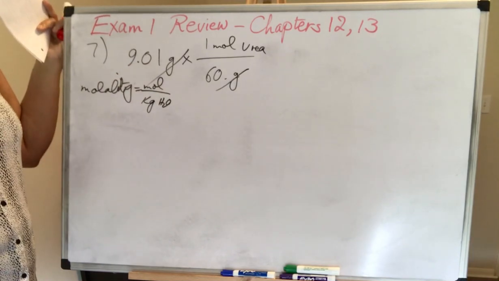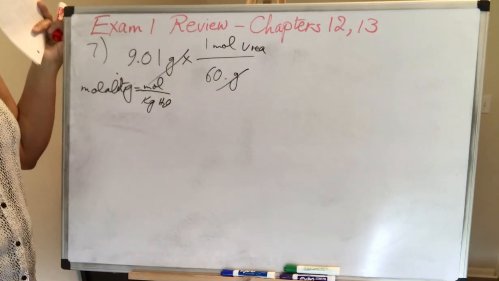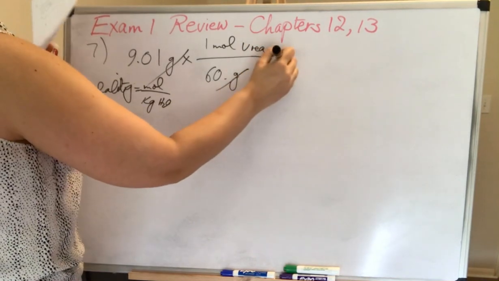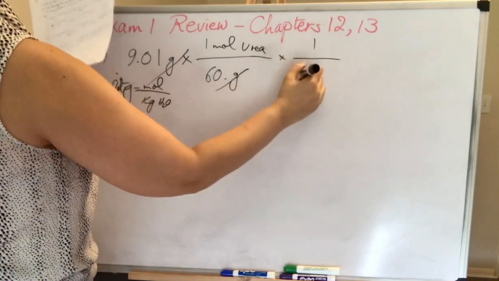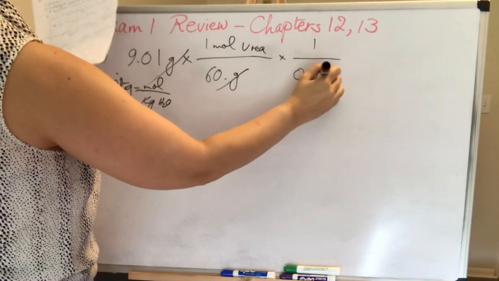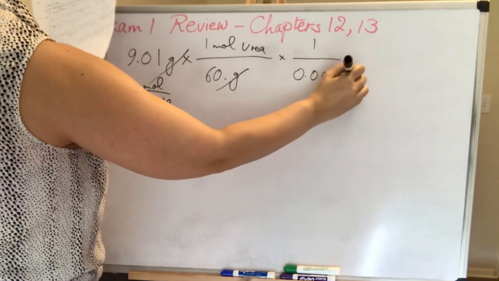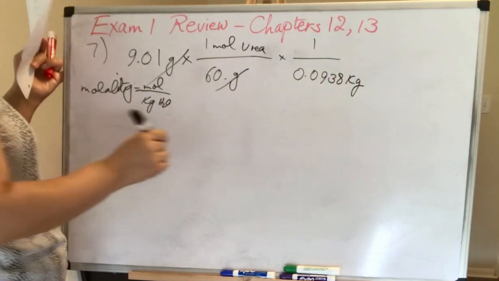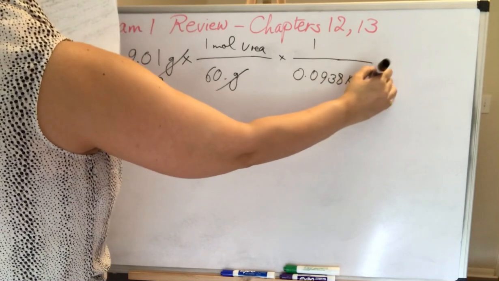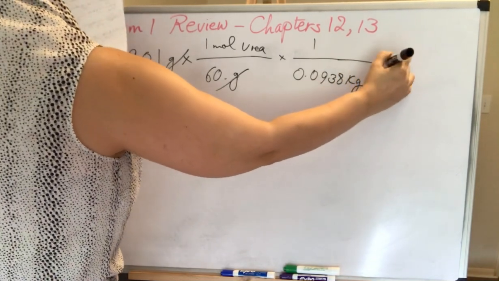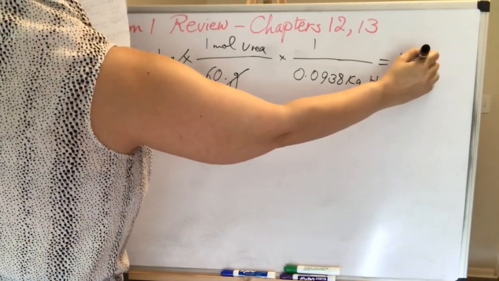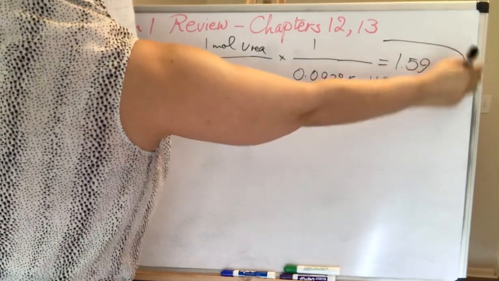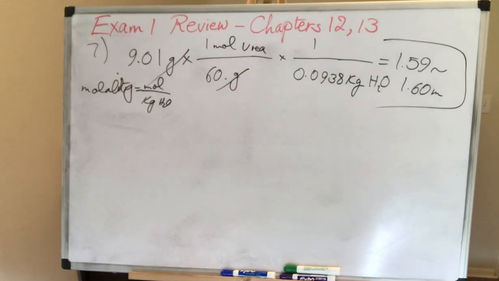And then you have 9.08 grams in 93.8 grams. 93.8 grams is 0.938 kilograms. Don't forget, you need to change grams to kilograms because you need it for molality. And it will give you how many molal? I got 1.59 from the calculator, which is almost 1.60 molal. That matches what you have in the answer key.